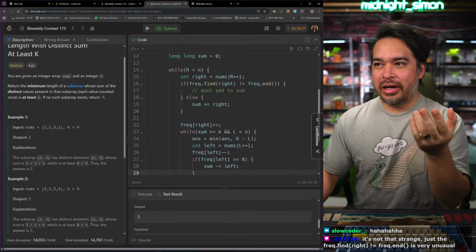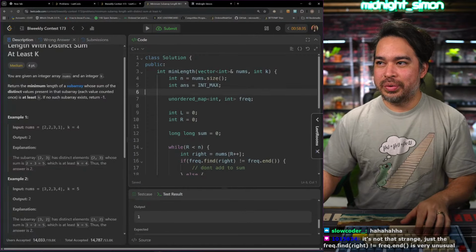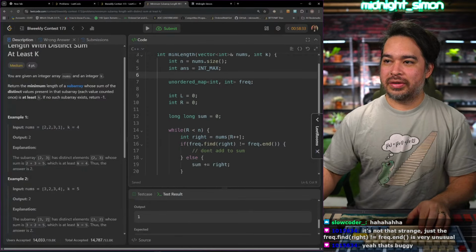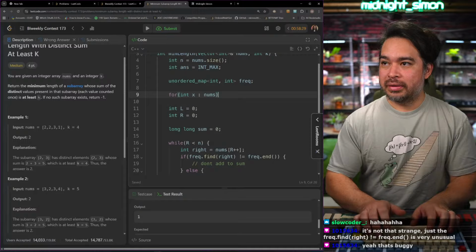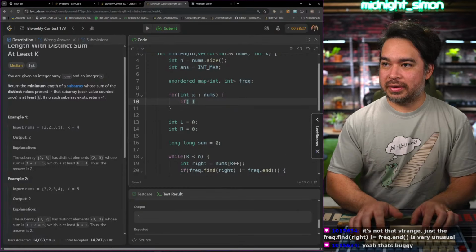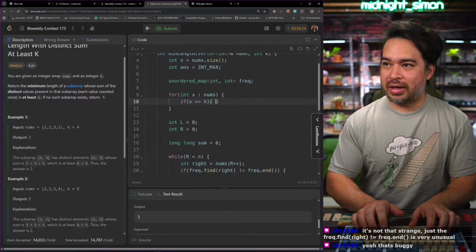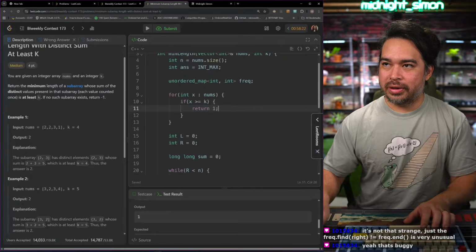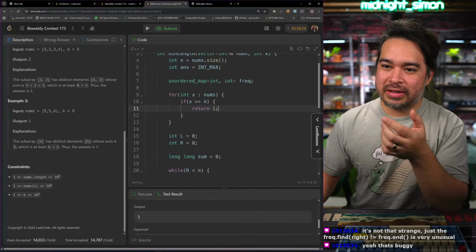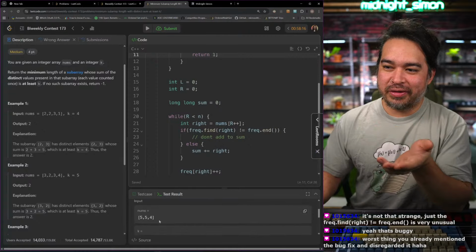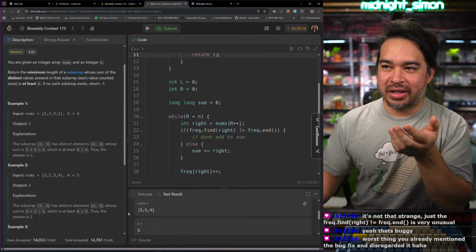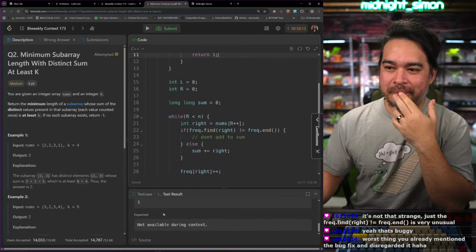But alright, I'm trying to think if I should just do some bootleg, like if x is greater than or equal to k, then we can just return 1. That would fix that one case, but I don't feel right doing that because I feel like my algorithm should work, you know, but it doesn't.